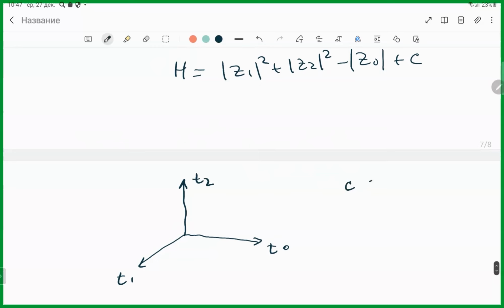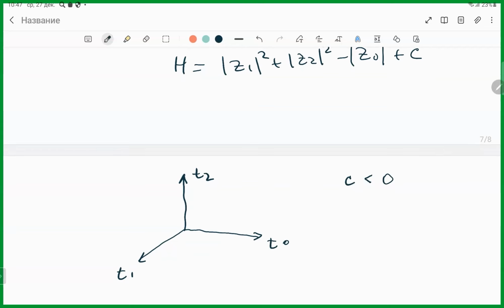For c being negative, I will get this interesting figure.